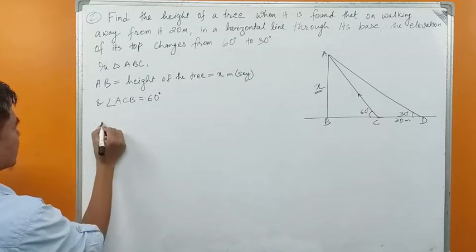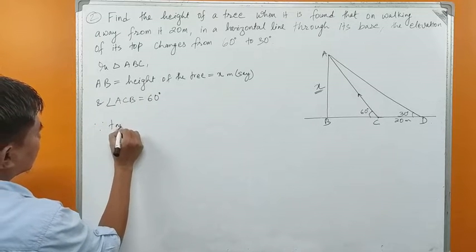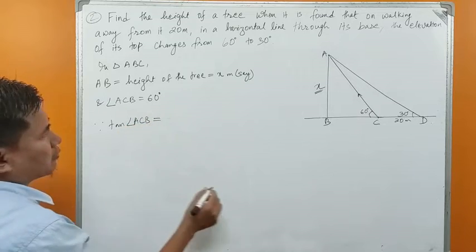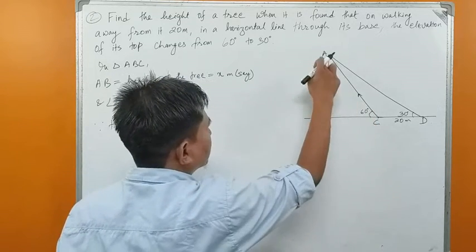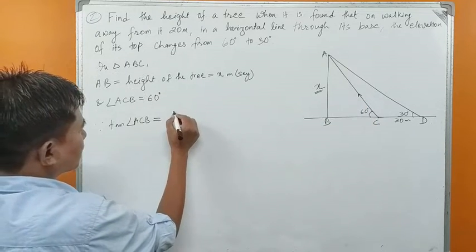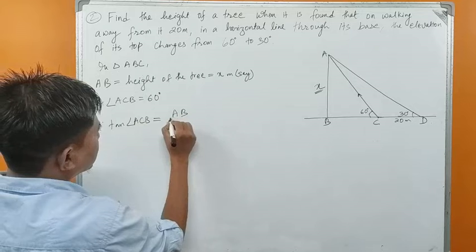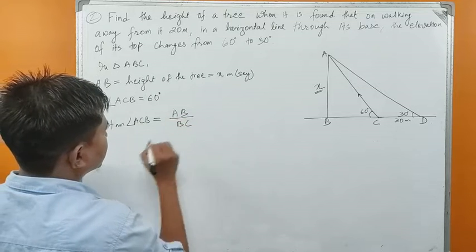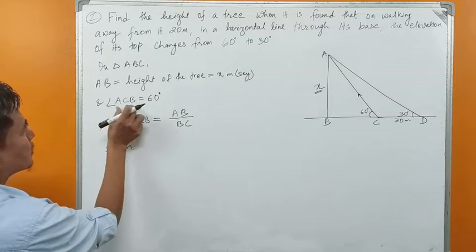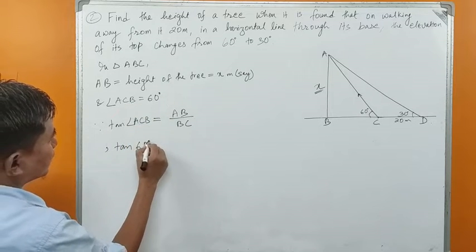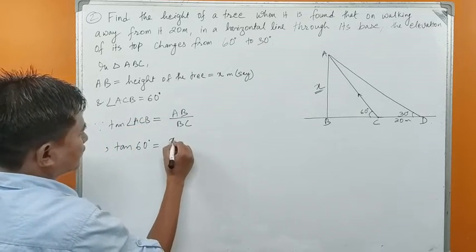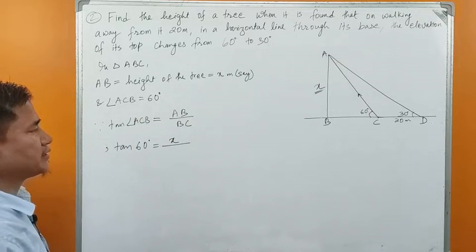Since tan of angle ACB, the perpendicular is AB and the base is BC. So, perpendicular AB by base BC. Tan 60 degrees equals AB, which is x.